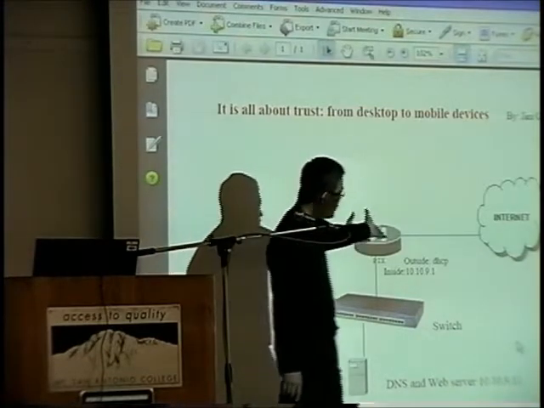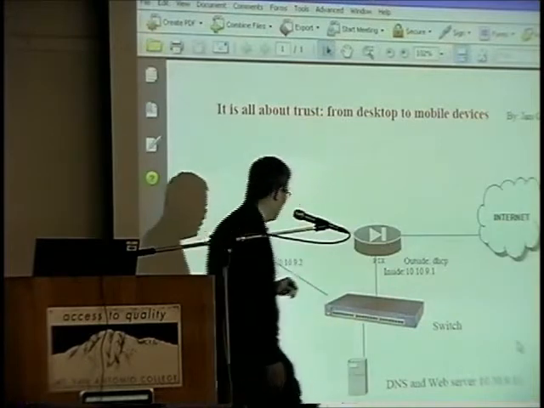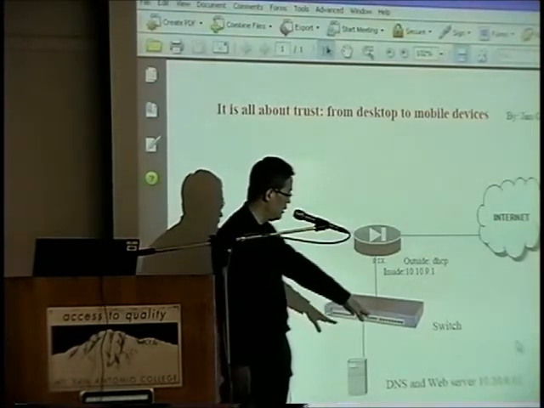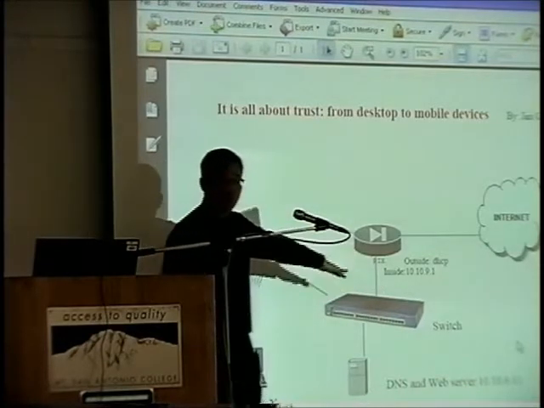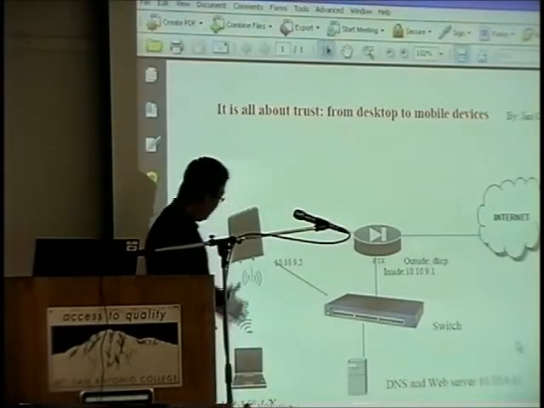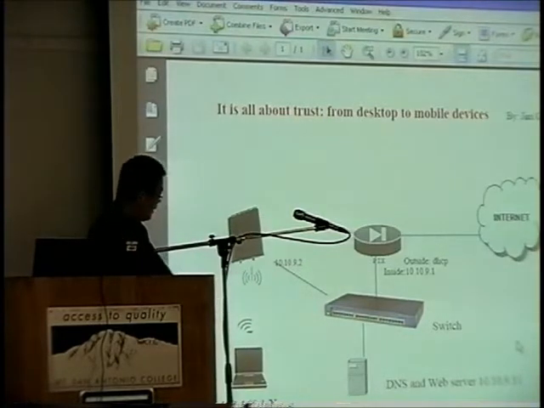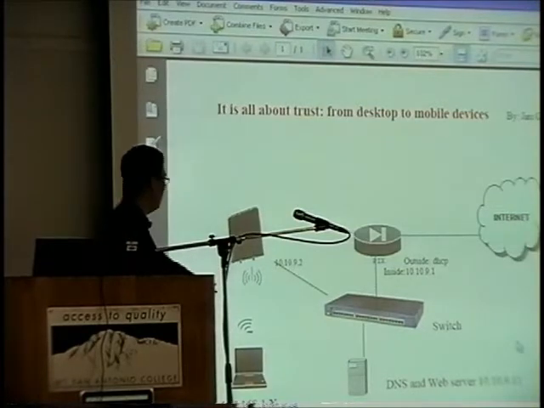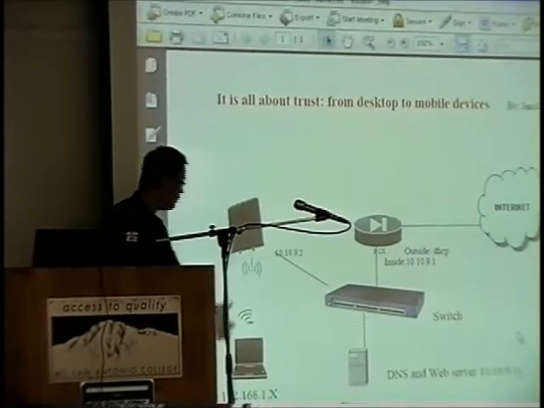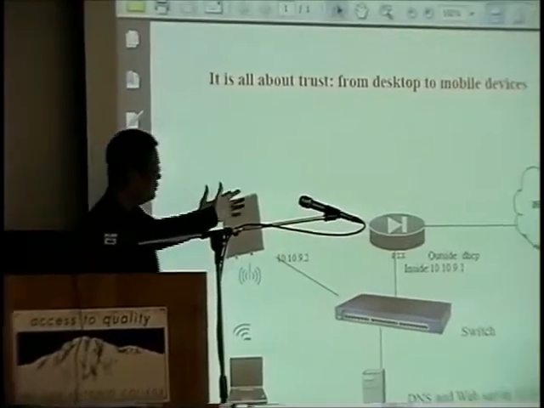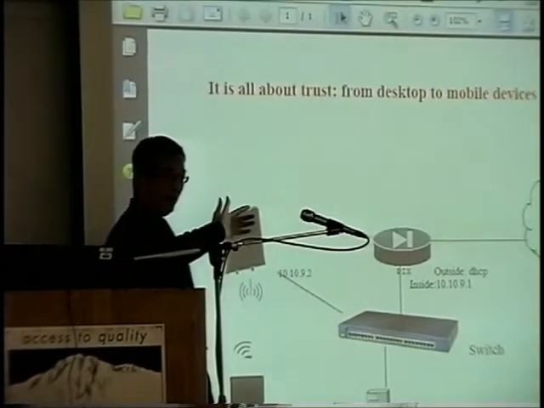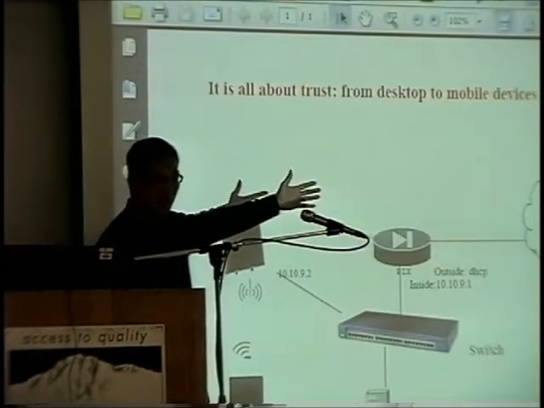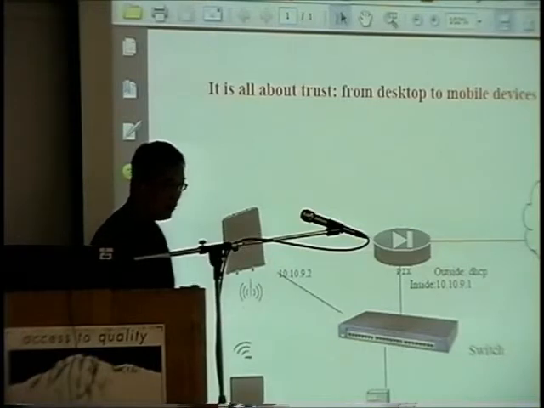The firewall outside is connected to the internet, and from here it also has an outside, which is going to be the DNS web server and all of that. From this point, the inside is the so-called secure network. If you go to an internet cafe or airport, you will connect wirelessly through this device, and hopefully it's a legitimate device that will point you to the right place without damaging your system.